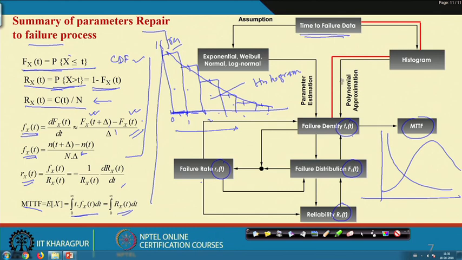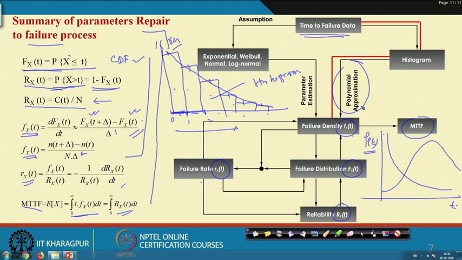Then by polynomial approximation we find the equation of this one. If this is t and this is f(t), then f(t) can be approximated in terms of t through some polynomial approximation.